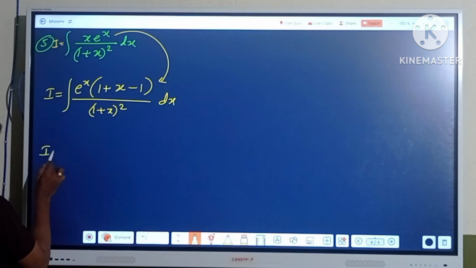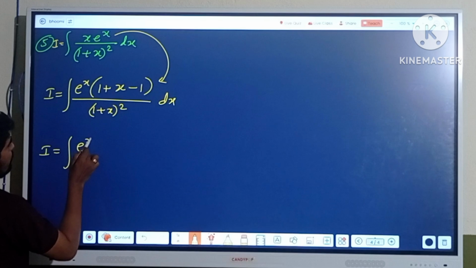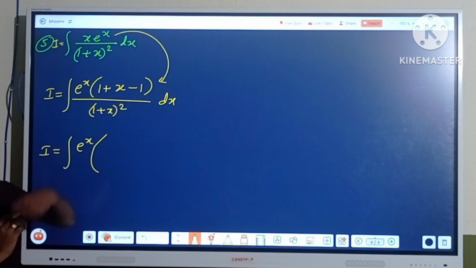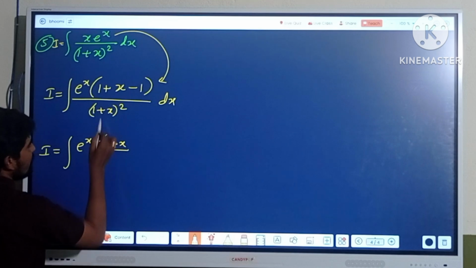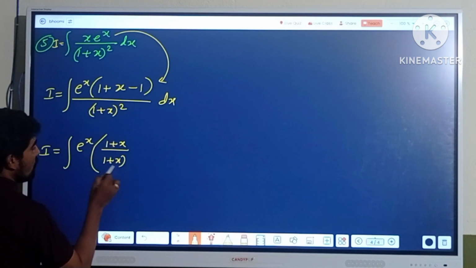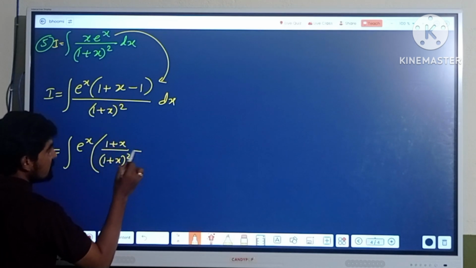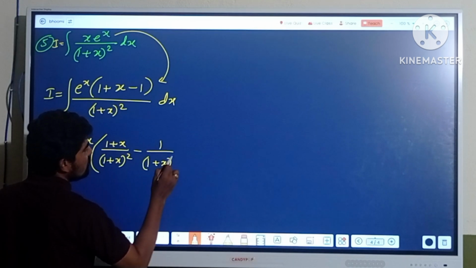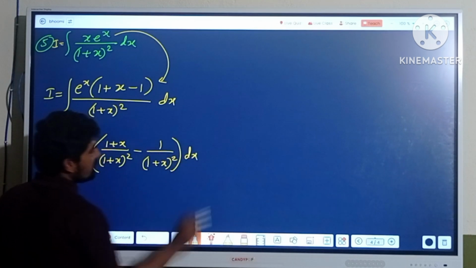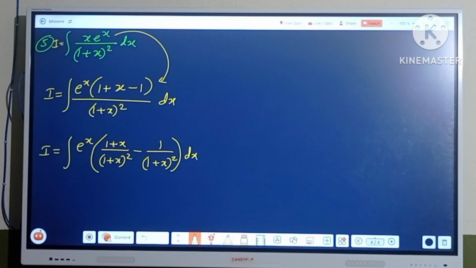Now, I is equals to, again same thing, e power x into, split the numerator. That is what? 1 plus x divided by 1 plus x whole square minus 1 divided by 1 plus x whole square with respect to x. I hope all of you are understanding.